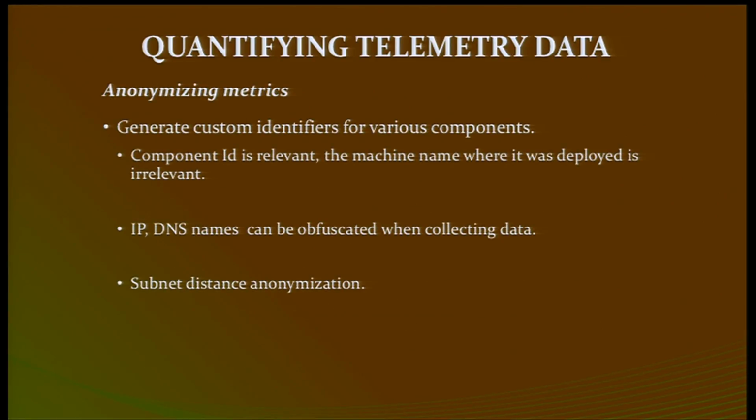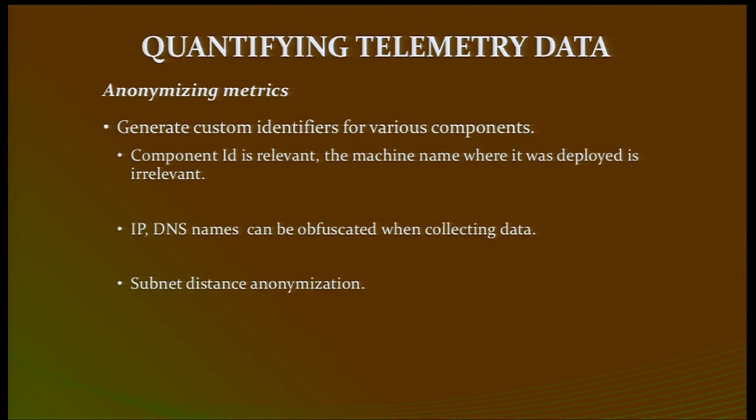I had already mentioned the privacy and the legality behind collecting data. That's the reason why we need to anonymize metrics. You have different components within your solution. You can have identifiers for the components, generate some random integer or random name for the components.